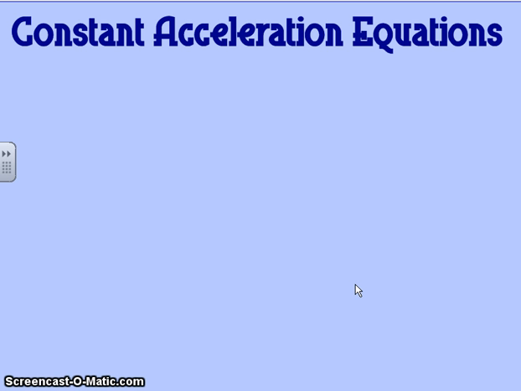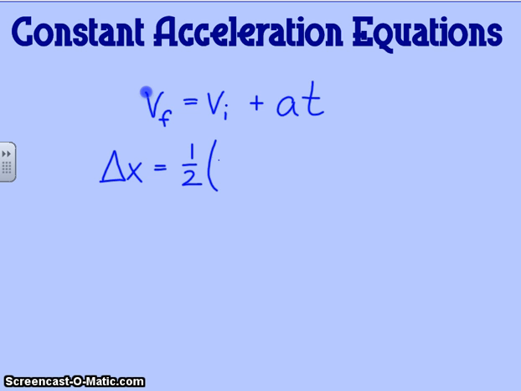The first equation is that the final velocity equals the initial velocity plus acceleration times time. Our second equation is displacement equals 1/2 the sum of the initial velocity plus the final velocity times time.